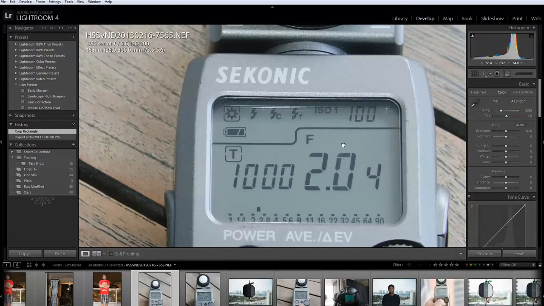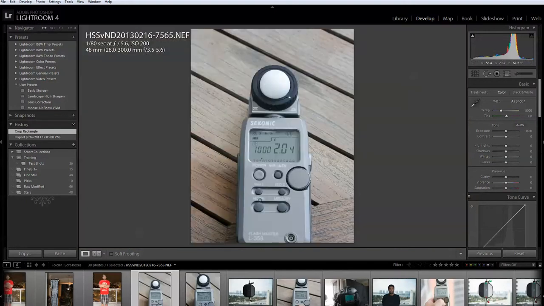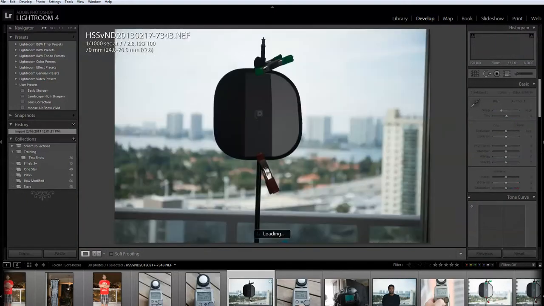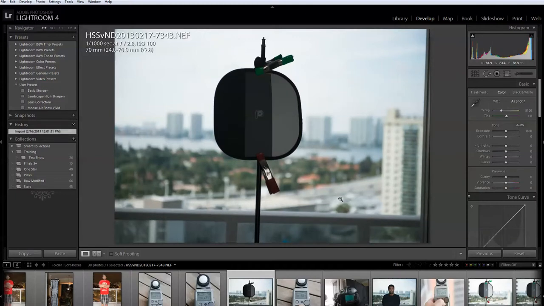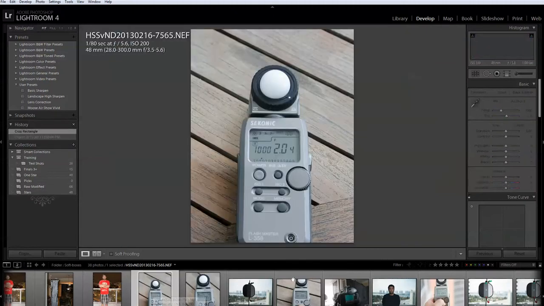So let's see what I did. I measured the ambient light. I should have taken a picture of that, but I went all the way to the balcony and put the light meter with the dome up. That's the proper way to measure the ambient light.